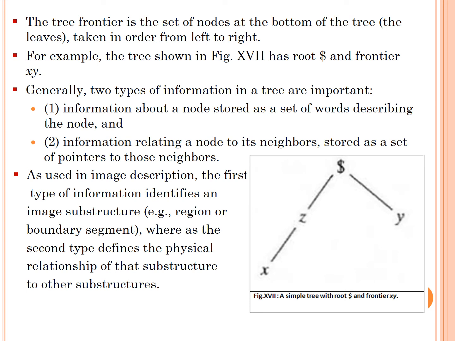And number two, information relating a node to its neighbors, stored as a set of pointers to those neighbors. As used in image description, the first type of information identifies an image substructure, for example, region or boundary segments, whereas the second type defines the physical relationship of that substructure to other substructures.